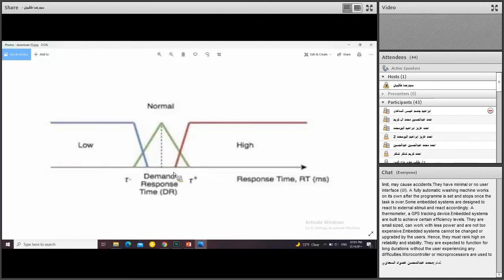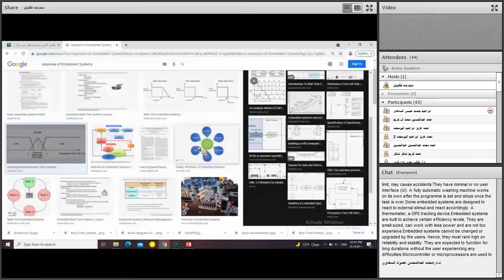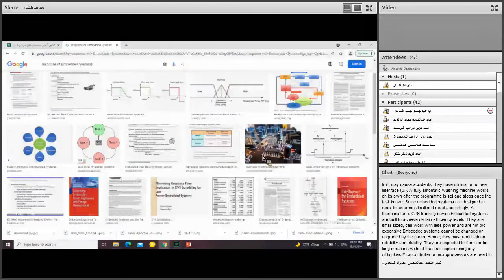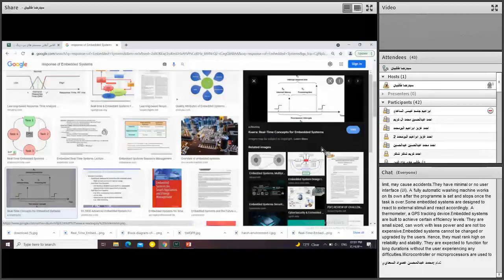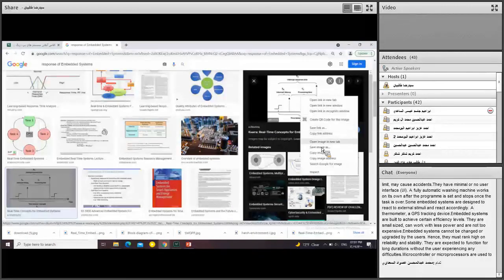If we have an increase, if we have a decrease after this, we have high. The normal time is here, really. Time concepts of embedded systems, which of them is better?